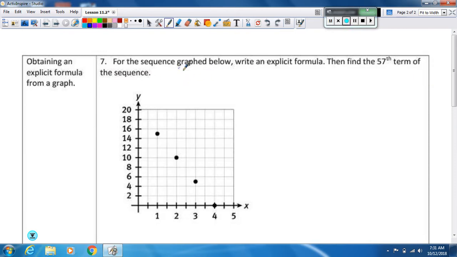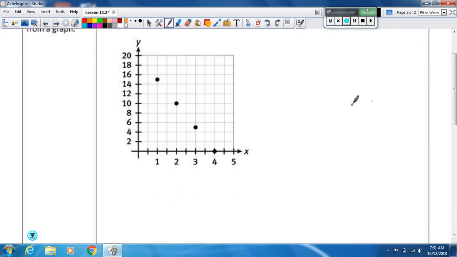Okay, for the sequence graph below, write an explicit formula, then find the 57th term of the sequence. Okay, so here goes. Let's see. They gave us the first term. The first term is 15.